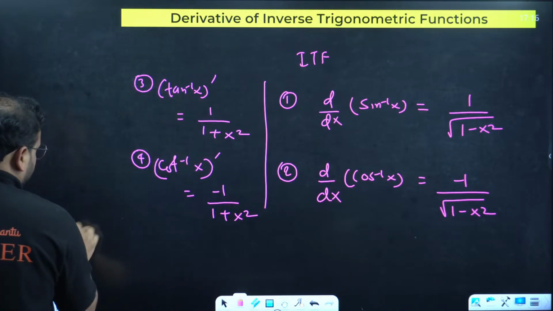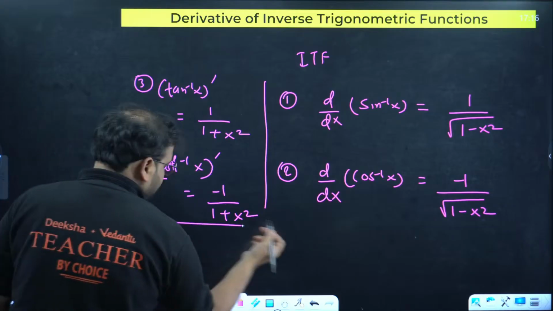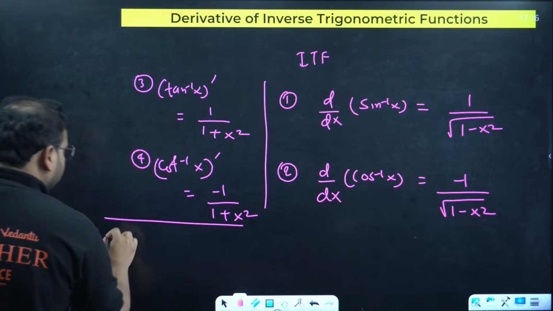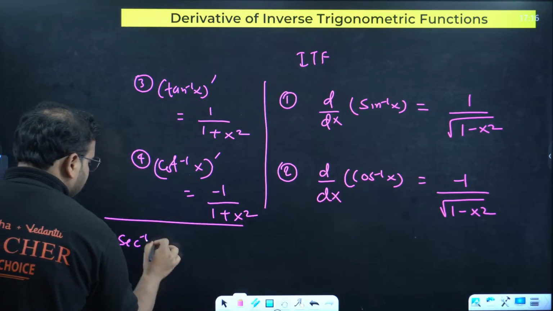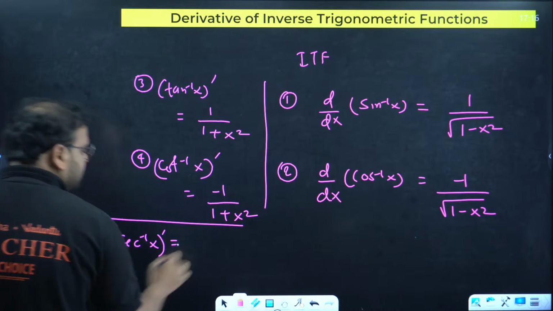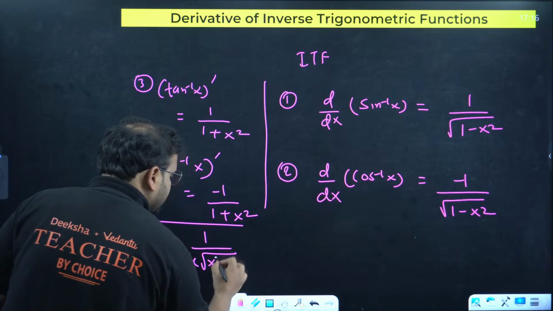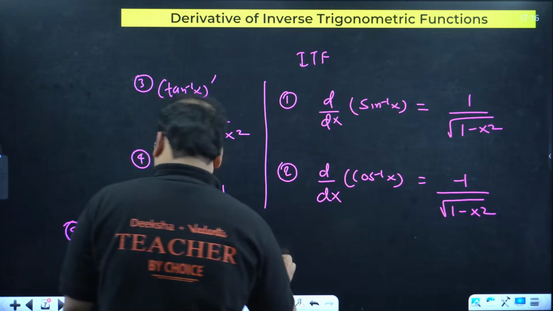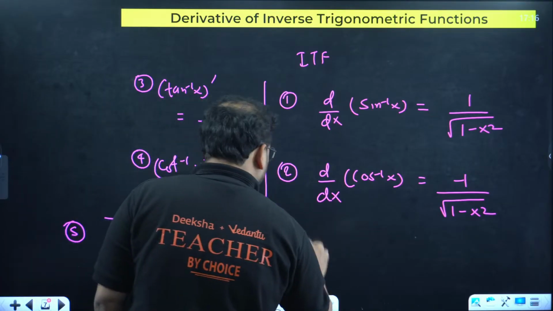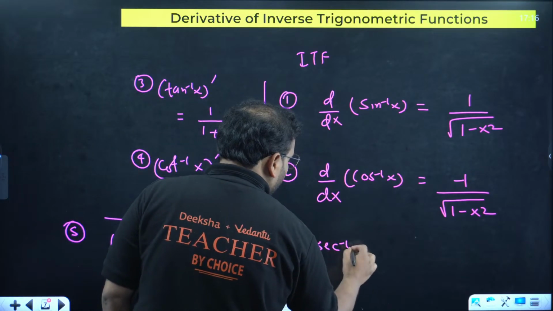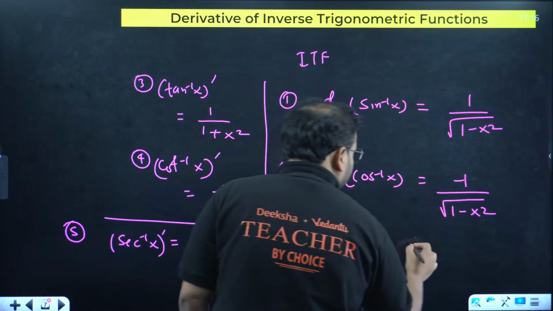Fifth one, we have sec inverse of x derivative. That is going to be 1 upon x times square root of x square minus 1. And the last one, rarely used but still it is important to know all of them, is minus 1 upon x times square root of x square minus 1.